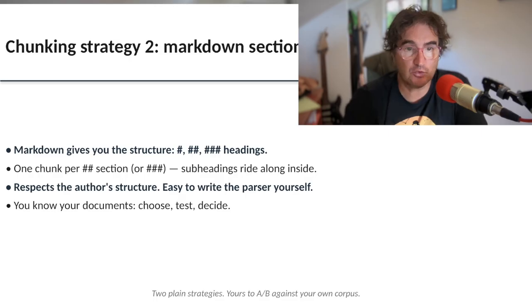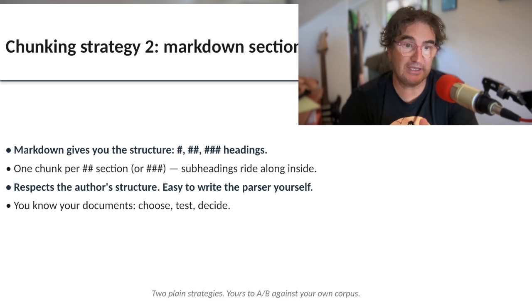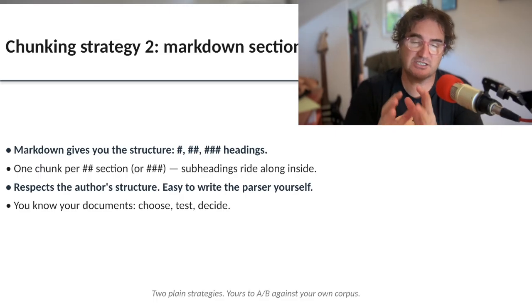Another way is to use Markdown. As you know, the hashtag symbol allows us to break the Markdown document into heading 1, heading 2, heading 3 or 4. And then you can say, I'm going to create a chunk out of every heading 2 section, or every heading 3 section, and all of the subheadings are going to be part of that chunk.